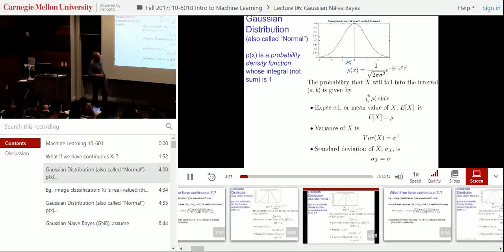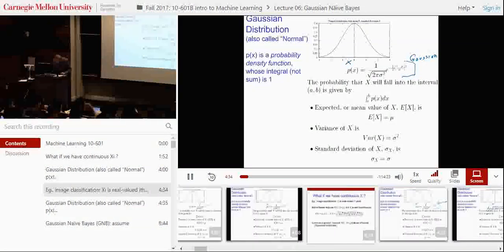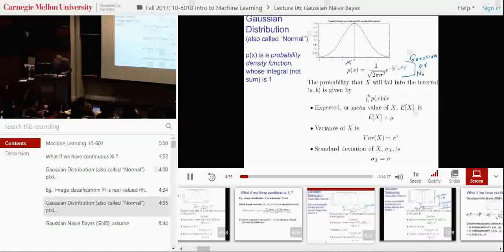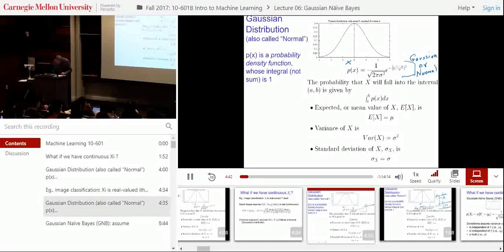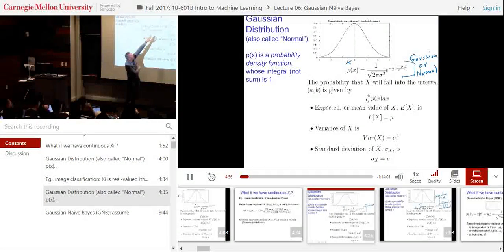And here's a Gaussian distribution. Here's the functional form for the Gaussian distribution, sometimes called a normal distribution. Those are synonyms. It looks kind of complicated, but here's a plot of the value of that Gaussian distribution, that is the probability density for x on the vertical axis as a function of x.